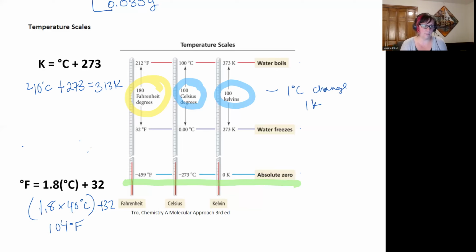So different process, but you can use these equations to convert between the two. Sometimes if we're talking in Kelvin, it helps to do a quick conversion into Celsius or Fahrenheit, whatever you're most comfortable thinking in, to get a check on what it would be in something familiar, to kind of contextualize it.